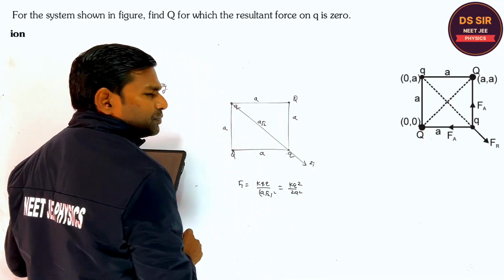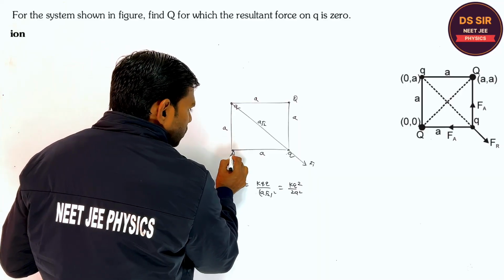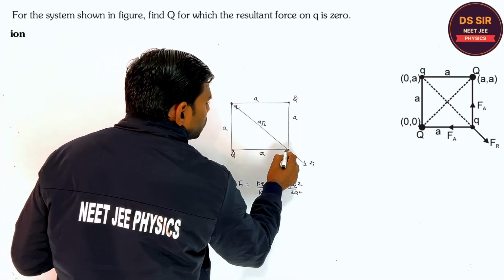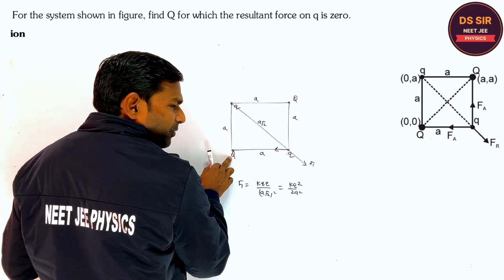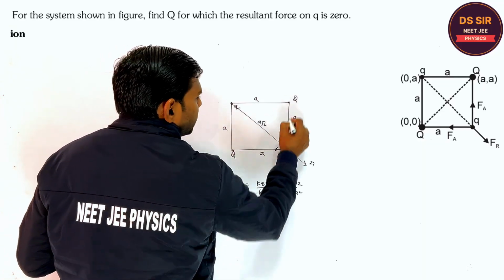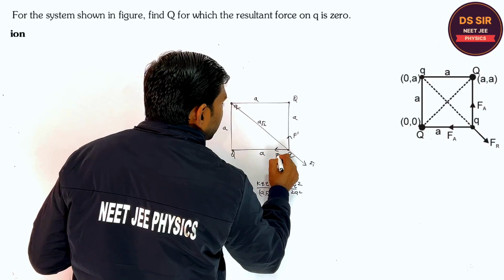Is it clear? Yes. Because of this Q, the force must be attractive, so therefore it must be the negative sign. And this is the F dash.